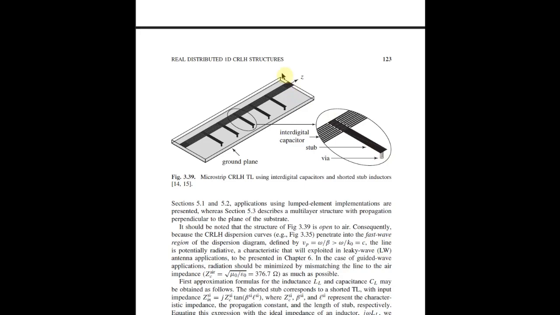In this lecture, we will develop a single unit cell of the CRLH transmission line, analyze it, and also plot the dispersion diagram. In this geometry, we have a section like this, and there is another section.